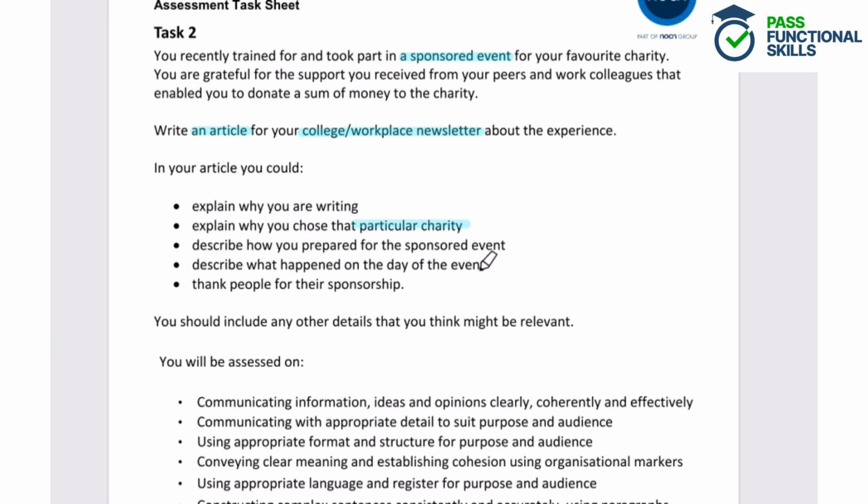And then describe what happened on the day of the event. So explain in detail what you did and what the results of the event were. Did it go well or did it go badly? And then finally, we are to thank people for their sponsorship. So let's take a look at a model answer for this question.